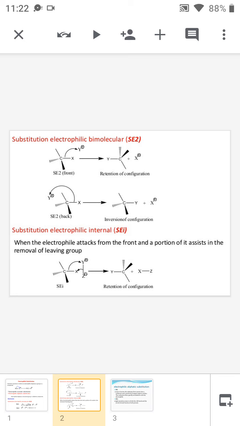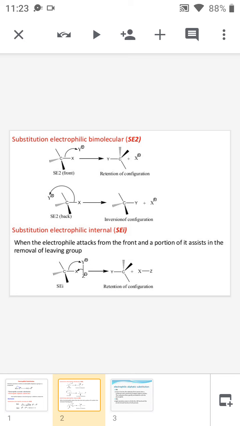But here there are two different types of SE2 reaction. First is SE2 front side and the second one is SE2 back side. Like SN2, the SE2 reaction also undergoes through a transition state, which readily decomposes to form the product.